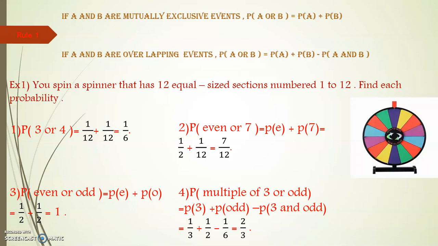Then check the common numbers between the two: multiples of 3 and odd numbers share 3 and 9. So 2 out of 12, which in the simplest form is 1 out of 6. The result: 1 out of 3 plus 1 out of 2 minus 1 out of 6 equals 2 out of 3.